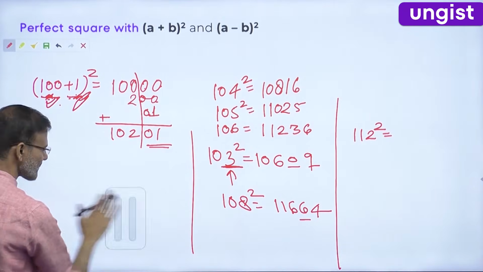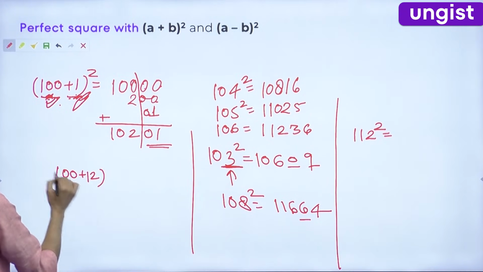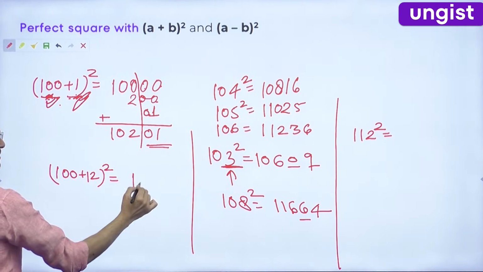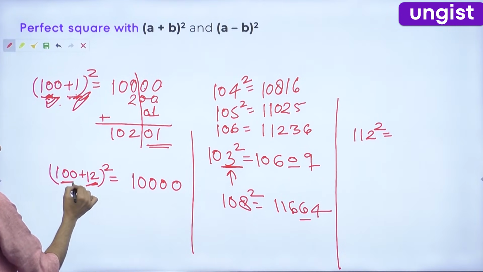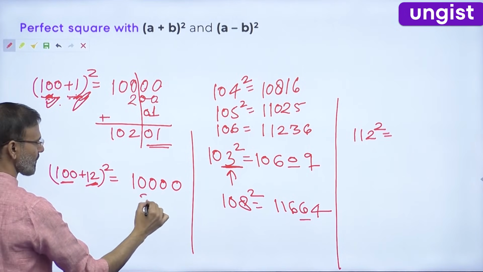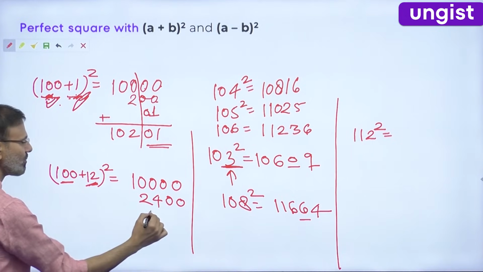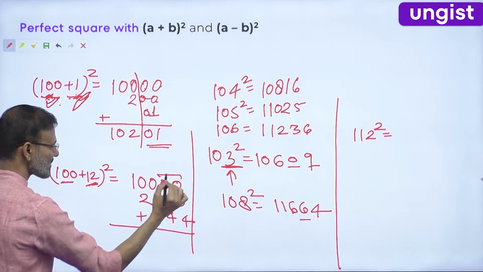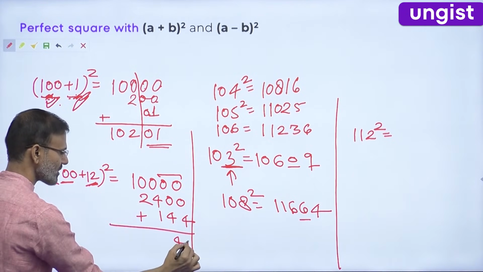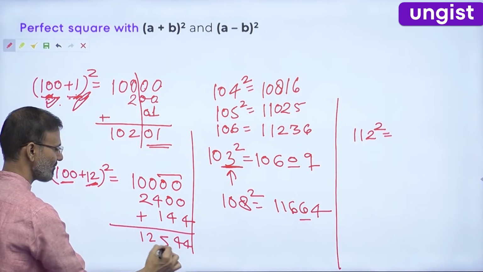Let's think here first. 100 plus 12. 100 square is 10,000. And 12 into 100 into 2 is 2400, everybody. And the square of 12 will be 144. So the last 2 digits will come from the square of this number, and then 1 will be added to the next number. So this will be 12544.